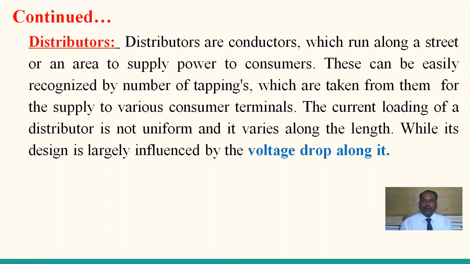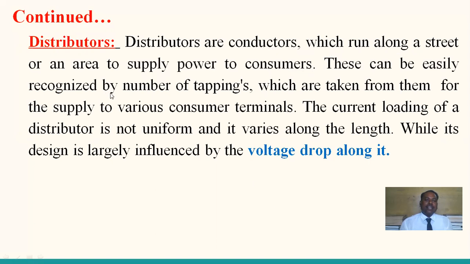So the poles carry the conductor which is known as distributors. These distributors are located very close to the consumer premises. Distributors are conductors which run along a street or an area to supply power to consumers.